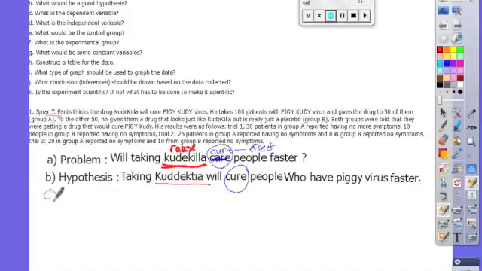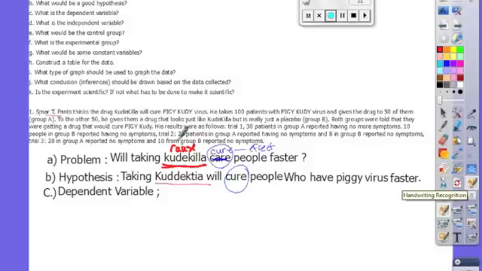Now we have C. And in C, we are trying to figure out what is the dependent variable. The dependent variable is what we are going to be measuring. In this case, based on the little story and what was going on in the story, they were measuring how many people had the symptoms.